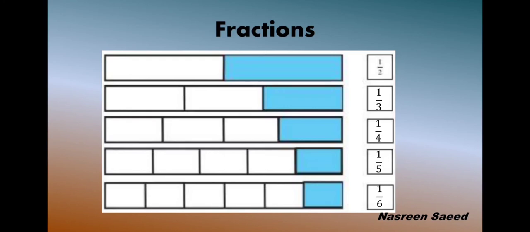This shows that 1 upon 2 is greater than 1 upon 6, which is very small. So when we decide the greater and the smaller in fractions, as the number in the denominator goes on decreasing, the value goes on increasing. जितना number छोटा होगा उतना value बड़ा होगा.